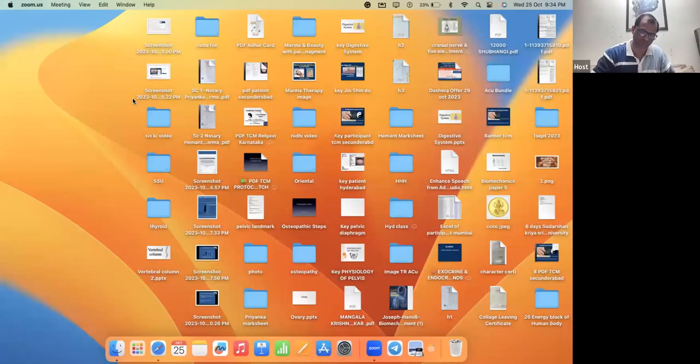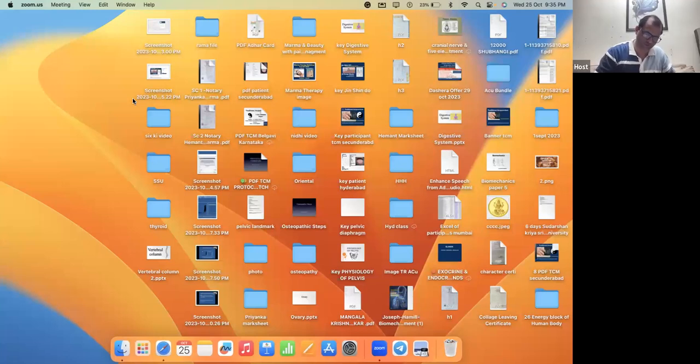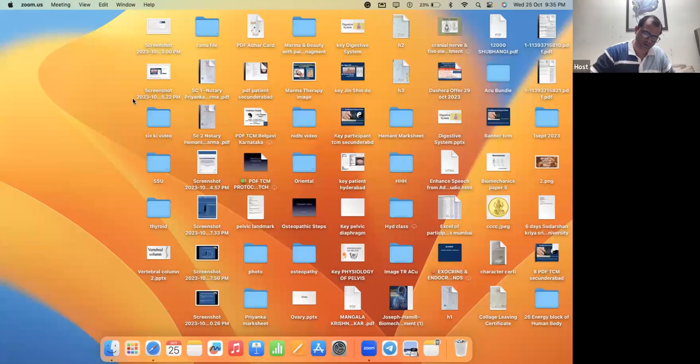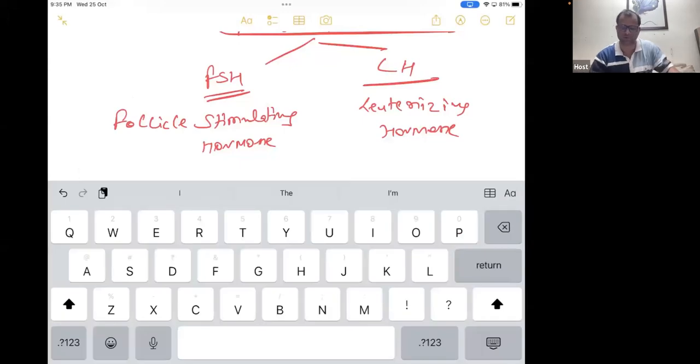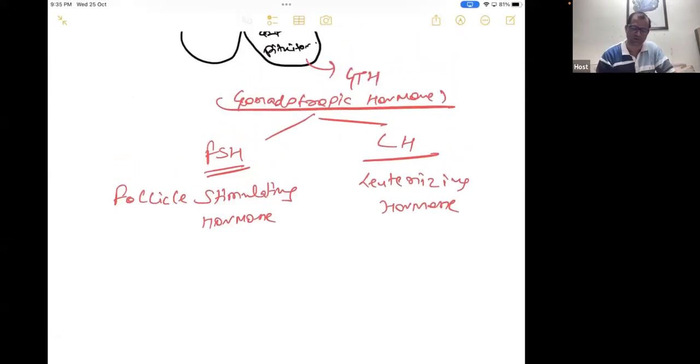Now I think you remember, and please remember the names if you don't know, but I'm sure that you might be knowing the names also very properly because it's very common. But if you don't know, don't worry, just remember both names. The follicle stimulating hormone and the luteinizing hormone are made by anterior pituitary, right?